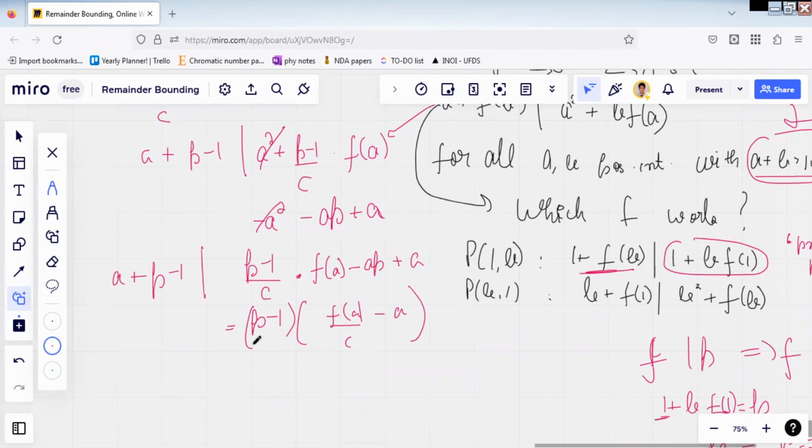Do you even need to do that? Some GCD might divide p minus 1, right? Actually, I don't think you need to.